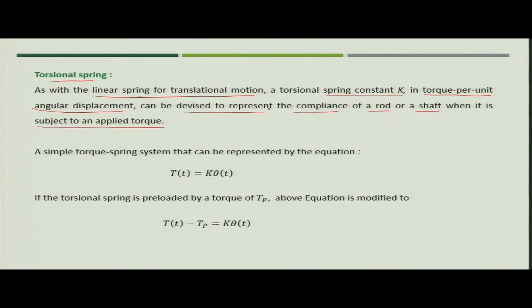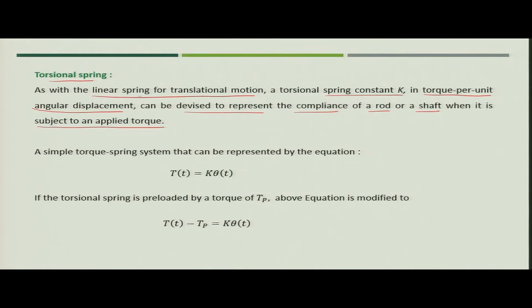So, the torsional spring is the property of the shaft or rod connected to your rotating body. When you give torque, it twists slightly, which gives the property of a torsional spring.